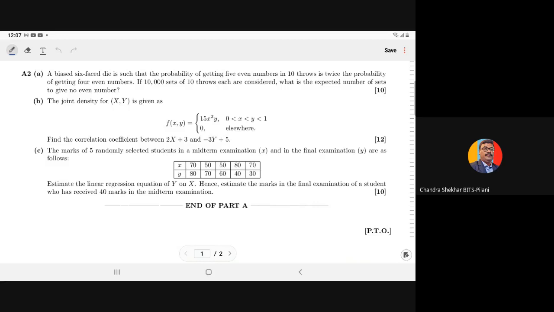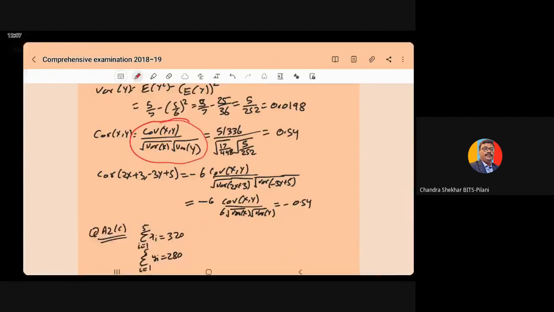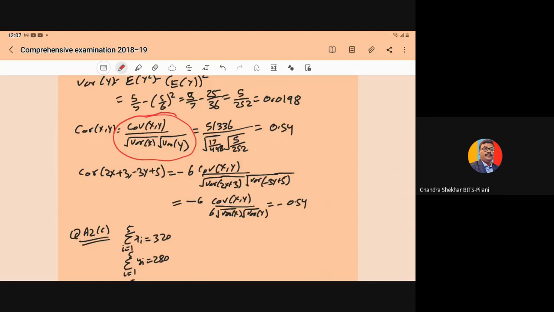You have to determine the linear regression equation. Hence, estimate the marks in the final examination of a student who has received 40 marks in the midterm examination. So you have to predict the marks of a student in the final exam.